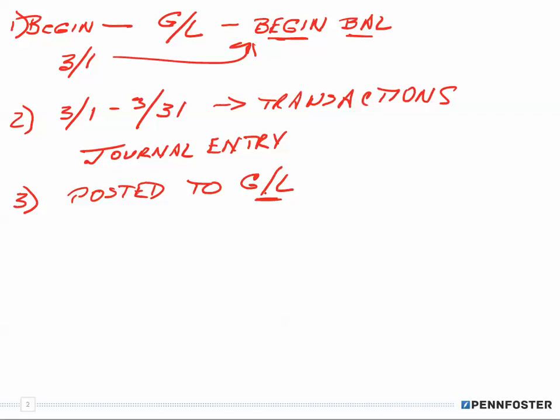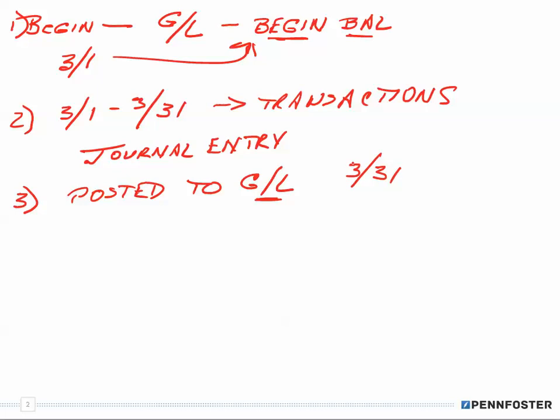The same with accounts payable. They might pay their bills one day a week, so they collect up all of their bills during the entire week, enter them into the computer system, and post them to the general ledger accounts once a week. But at the very minimum, okay, all of your journal entries have to be posted on the last day of the accounting period, which in this case here would be 3/31.